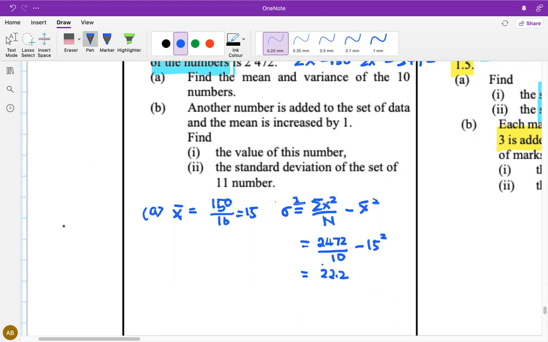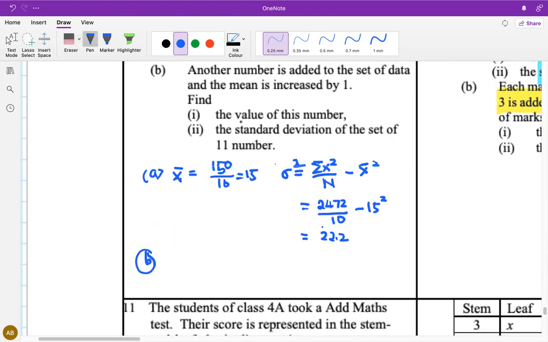Okay, B. If you add a number into the set of data, the mean increases by 1. What's the value of this number? So the mean increases by 1. That means if the original sum of x plus the number a, divided by the new set of data, which is 11, is equivalent to 16.